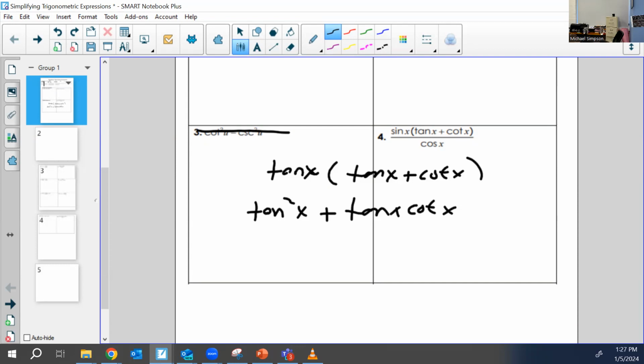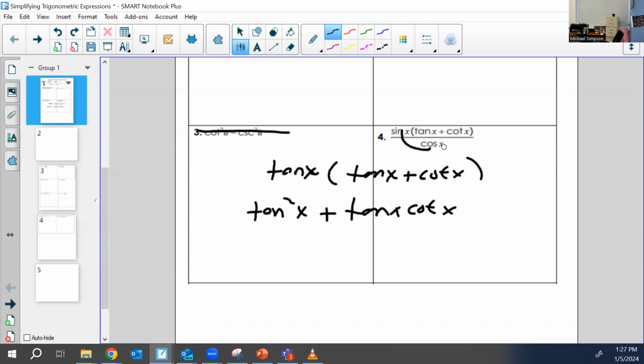Oh, you could do that. Why is it what? Because sine is divided by cosine. That's tangent. Okay, check your packet. It's multiplication. You can write it like this.